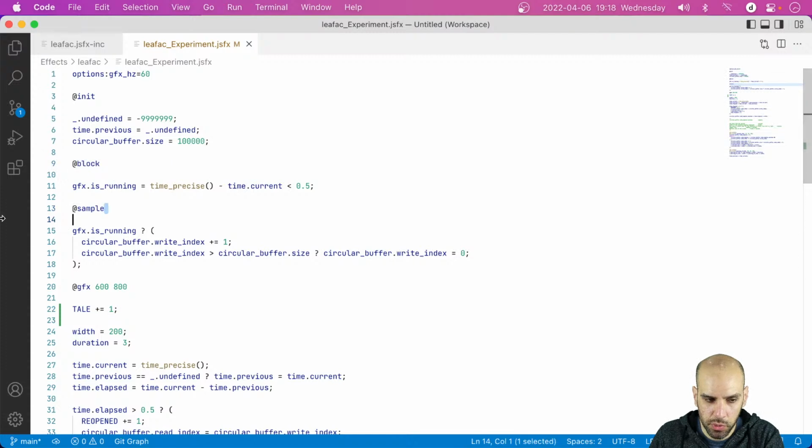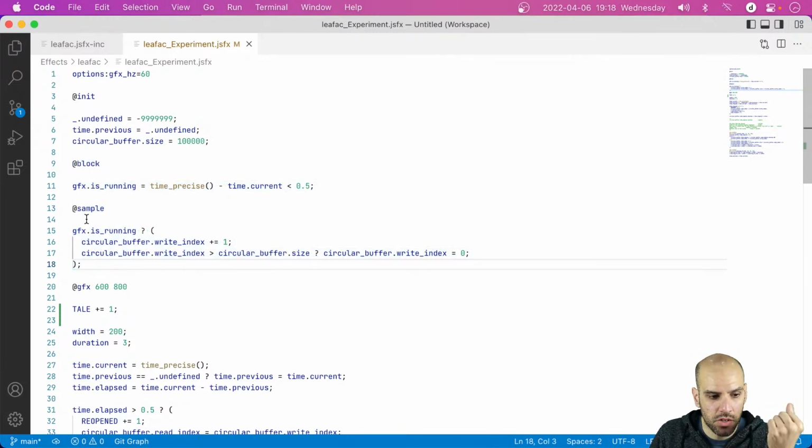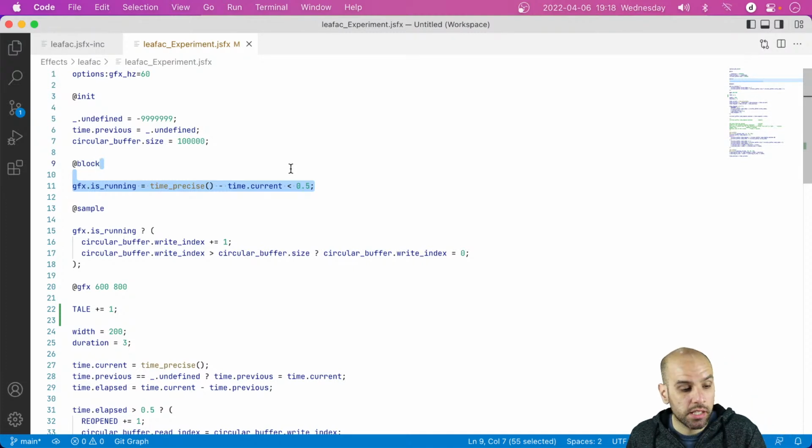Both in the block as well as in the sample, in both of these blocks, in the audio thread in general, the audio thread is running much faster than the GFX block. It's running 48,000 times a second, or 48,000 divided by 256 times a second. So it's running a lot more often.